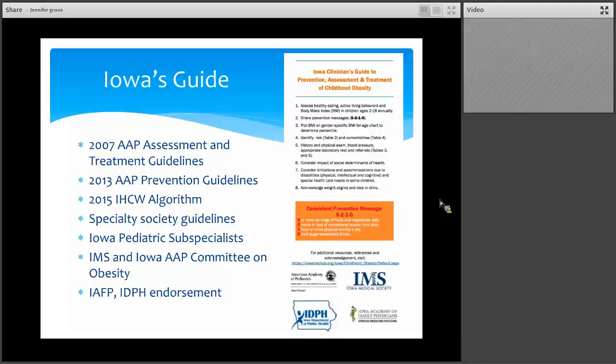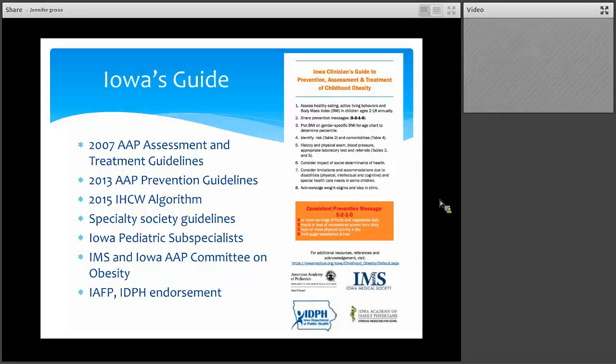Additionally, in 2015, the Institute on Healthy Childhood Weight revised the algorithm. There's no big content changes. They just put it into an easier to understand format, and we have an adaptation of that contained in this guide. We reviewed the most recent specialty guidelines from the various specialty societies and incorporated all of the best practices from those.